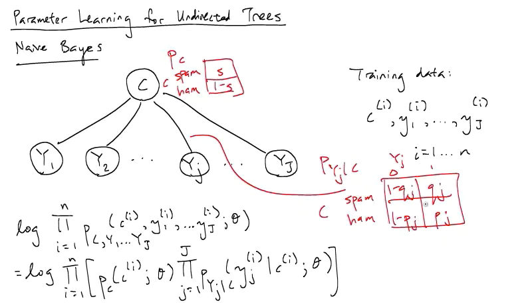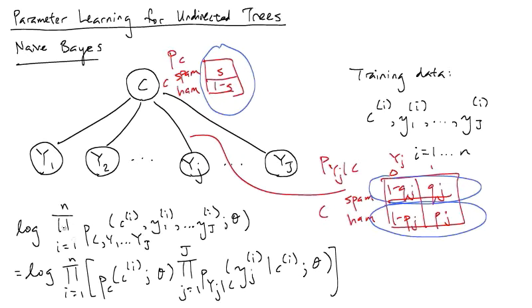Note that here this thing is a distribution, and each row here is a distribution. So what we were trying to do was learn, well, there are capital J edges here, and so 2 times capital J plus this one different distributions that we were trying to learn, parameterized by s, the p_j's, and the q_j's.